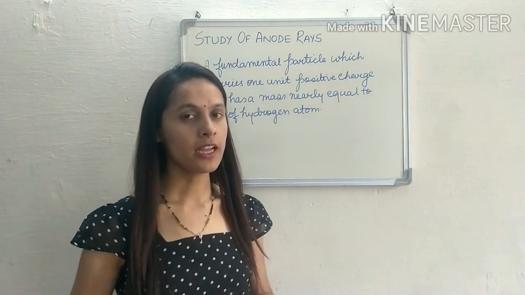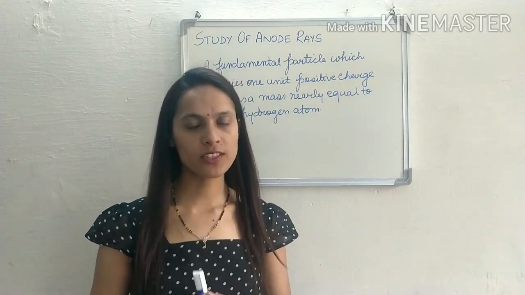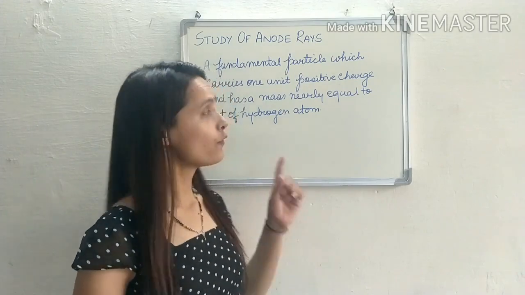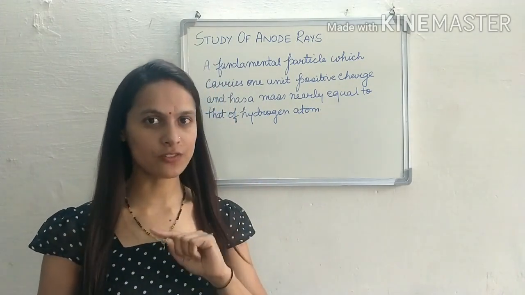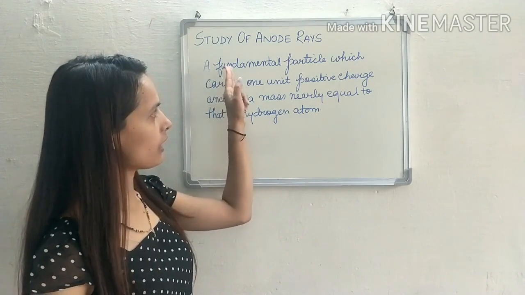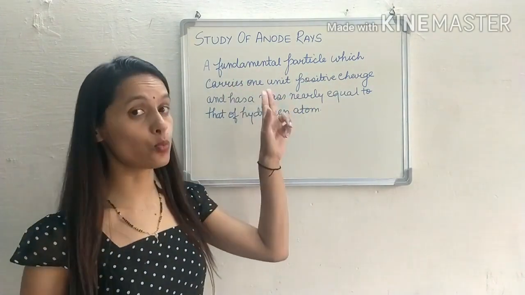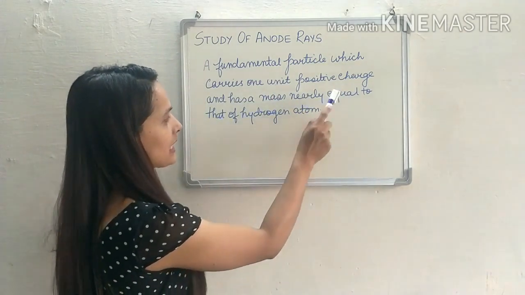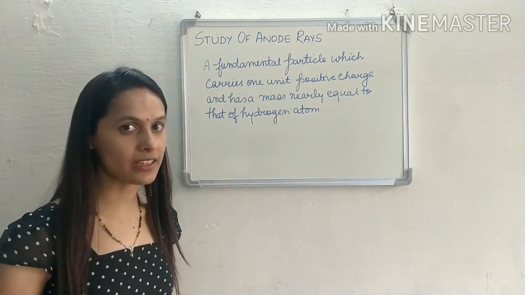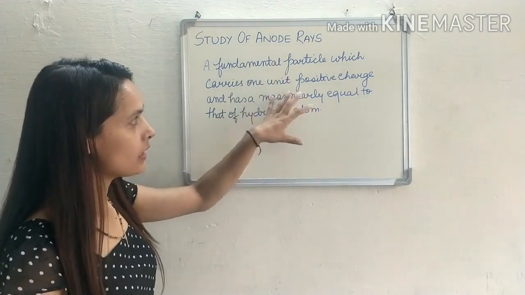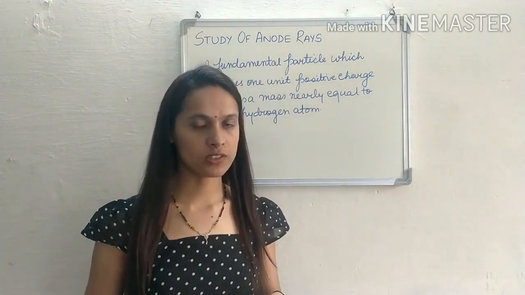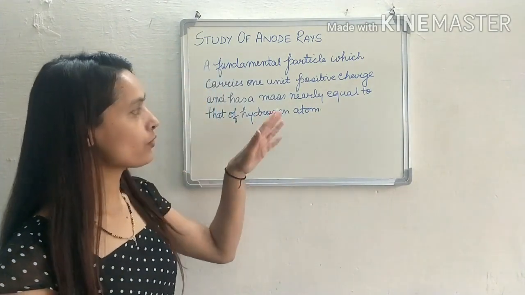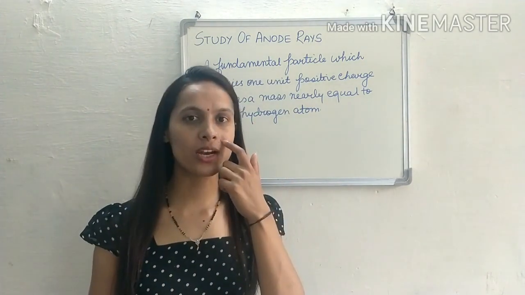If you remember, in the definition of electron, we studied that electron may be defined as that fundamental particle which carries 1 unit negative charge. So here the definition is a fundamental particle which carries 1 unit positive charge and has a mass nearly equal to that of the hydrogen atom. Means a particle which carries 1 unit of positive charge and whose mass is nearly equal to that of hydrogen atom is known as proton.